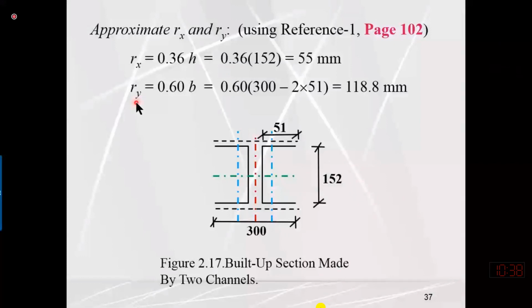So you don't need to determine Ry actual because Rx approximate is less. It is better to use the Rx value directly for a single section.